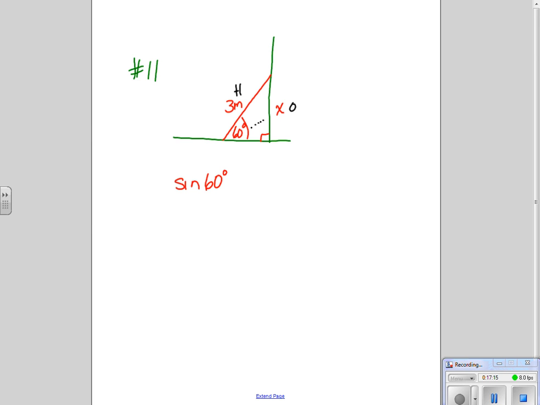So sine of 60 degrees is x over 3. And we can use decimals on our calculator, but we would like you to do it exactly for this exercise. And we know what the sine of 60 degrees is. It's root 3 over 2. So if you could use your charts for these word problems, you will come up with exact answers. X is exactly equal to 3 root 3 over 2.